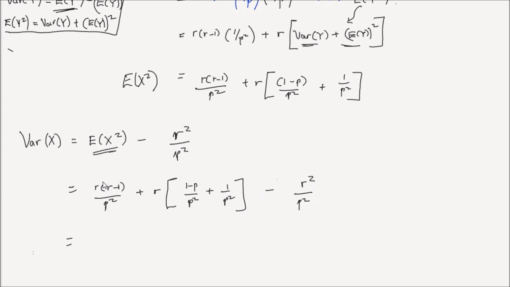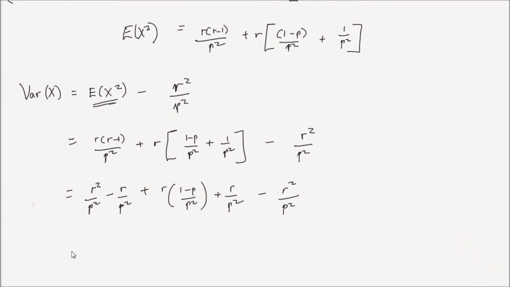Okay, let's multiply this term out. What I mean is, let's multiply r by r, we get r squared over p squared, minus r times negative 1, r over p squared, plus r multiplied by the first term gives you r times 1 minus p divided by p squared. R multiplied by the second term gives you r divided by p squared. Then we have this minus r squared divided by p squared.